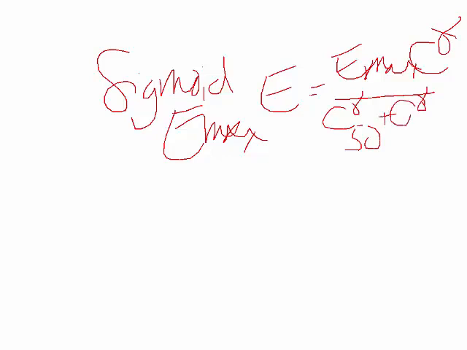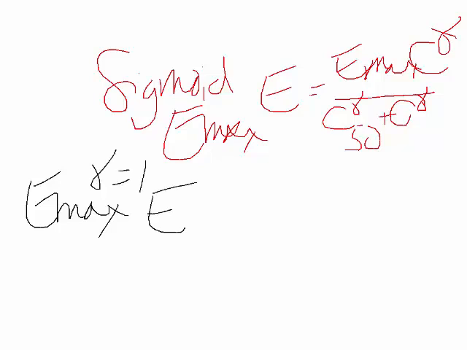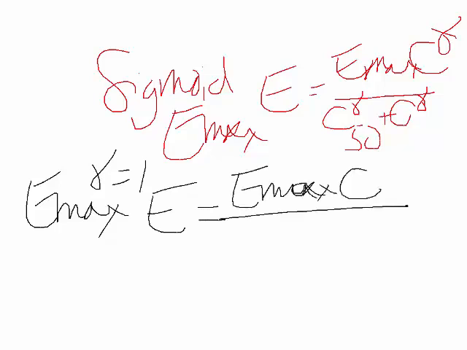That's our sigmoid Emax model. Our Emax model, which is a little simpler, is going to be getting rid of this here. The gamma is always equal to 1, so the effect will be equal to Emax times concentration all over C50 plus concentration, and we don't have to have these gammas here because they're all equal to 1.